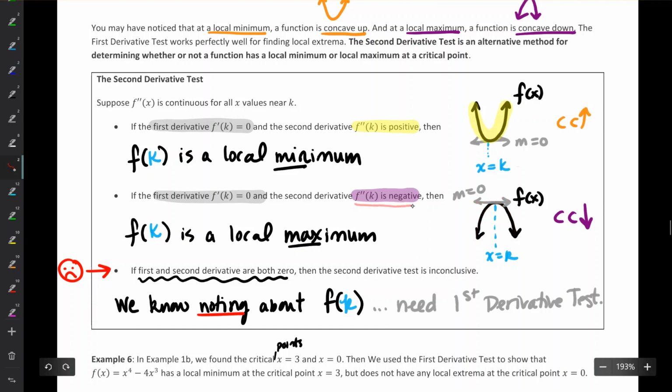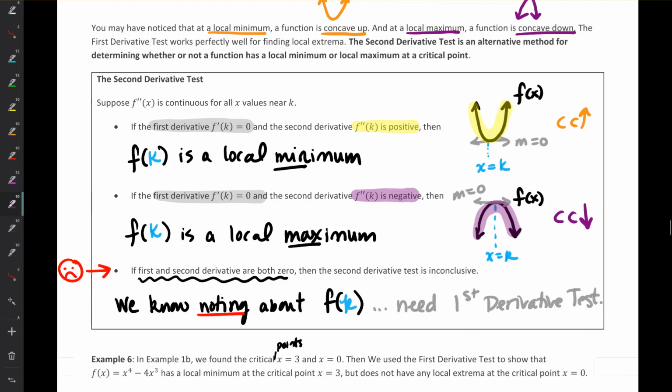If the second derivative is negative, my function is concave down. Oh right, concave down looks like a maximum. You can just draw it in your mind, but saying negative down and then max feels a little strange. So I get a picture of concave down in my mind before I say, oh yeah, it's a max.